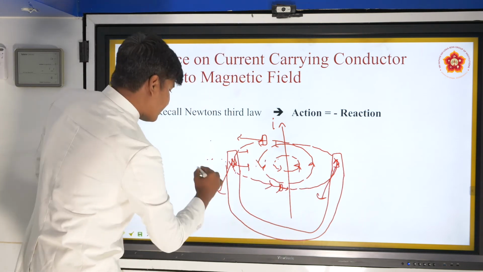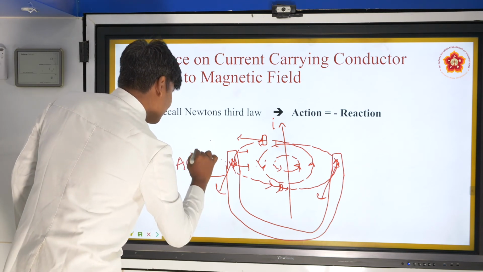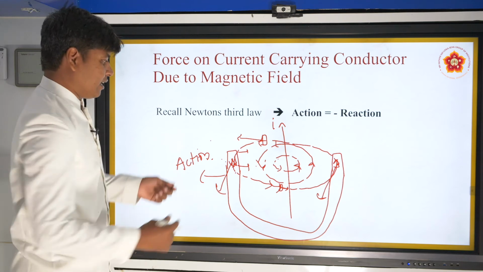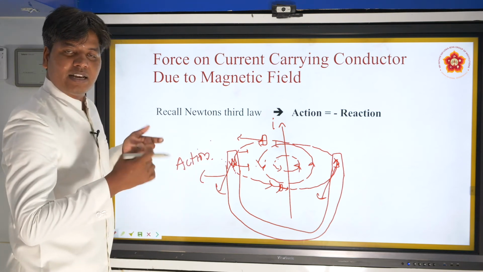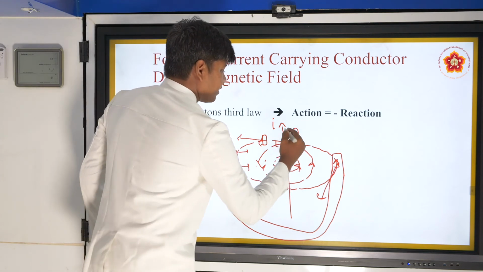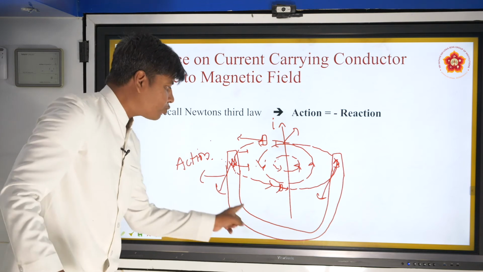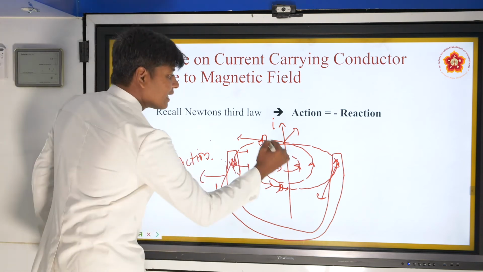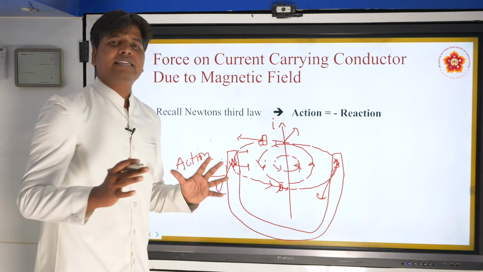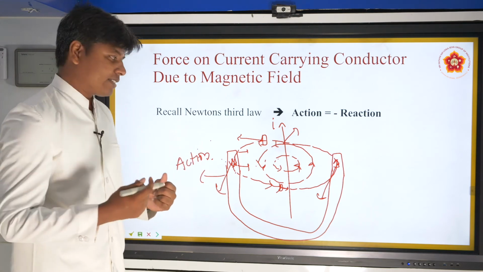So if this is the action, what should be the reaction? If coming out is the action, the reaction should be inside the board. So the force experienced by the current carrying conductor due to the horseshoe magnet will be inside the board and is exactly the same in magnitude but opposite in direction.